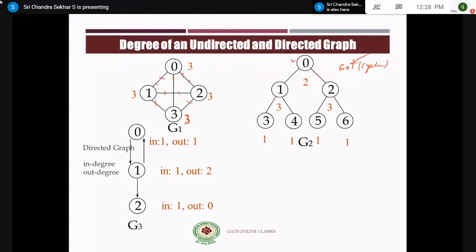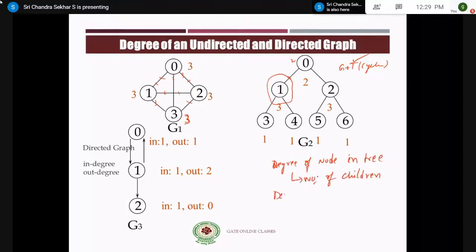And here we have, this is very important. Important point. The degree of a node in a tree is nothing but the number of children. Very important difference.